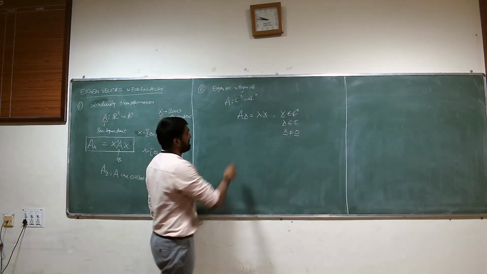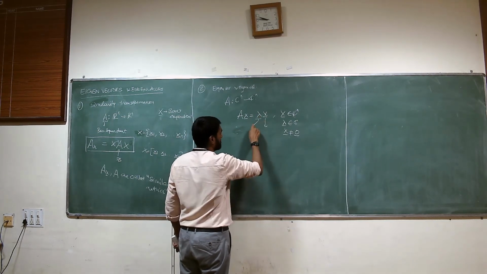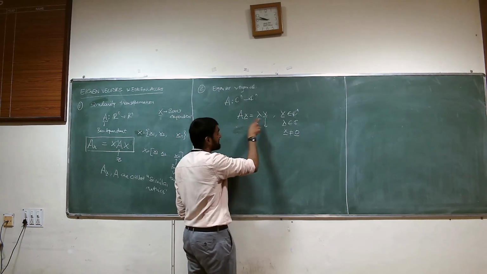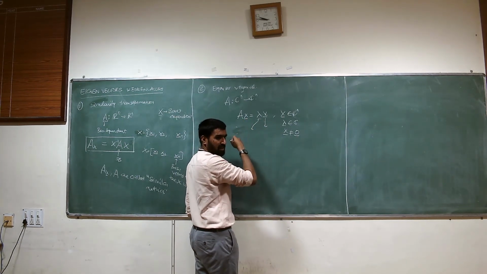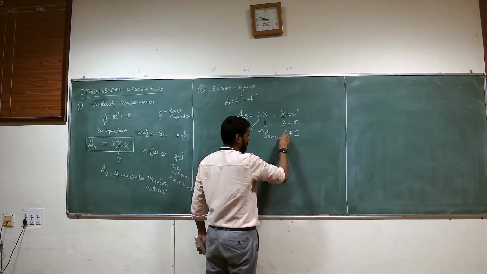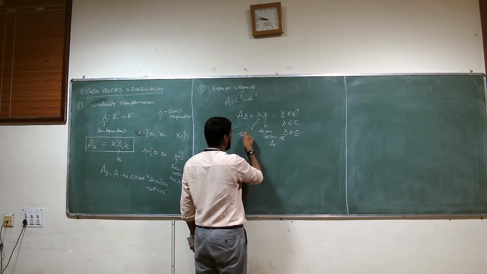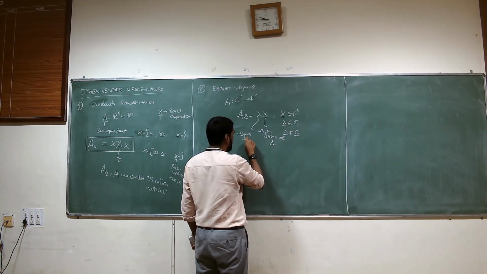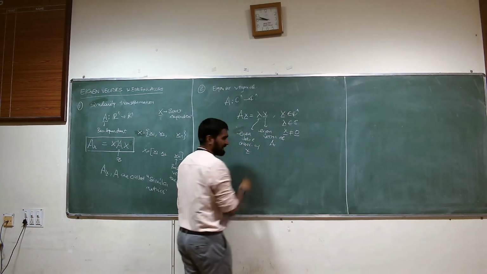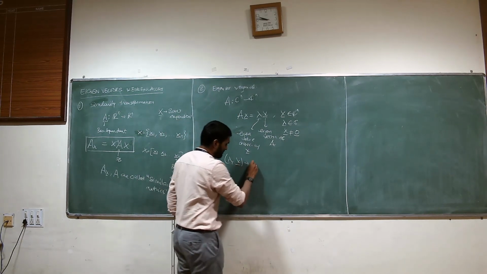If this is the case, then what is x and what is lambda? X is an eigenvector of A, and lambda is the eigenvalue associated with x, and this pair is called the eigenpair.